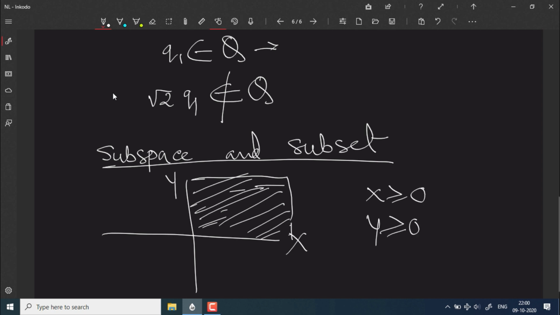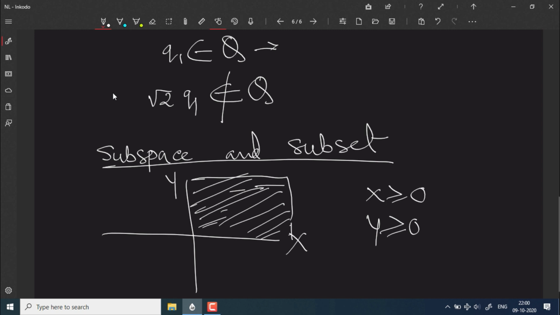Now, in this area, obviously the addition is commutative in nature. Addition is associative also. The additive identity also exists because 0 is also a part of your subset, but due to non-existence of the additive inverse, this subset cannot earn the tag of subspace, right?